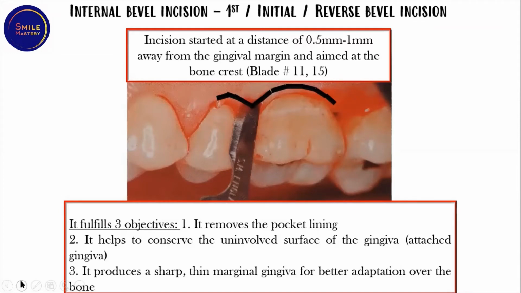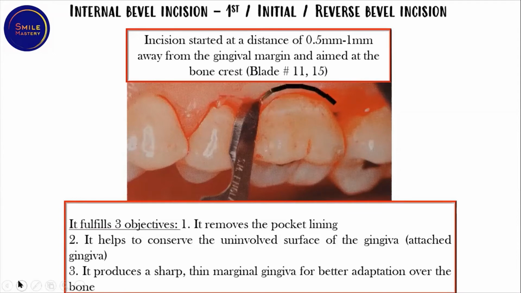Then the blade will come out through the other side of the gingiva. Slightly tilt your blade and start giving the incision 0.5 to 1 mm away from the gingival margin, and keep going in a mesiodistal direction, as I have just shown in the movement.